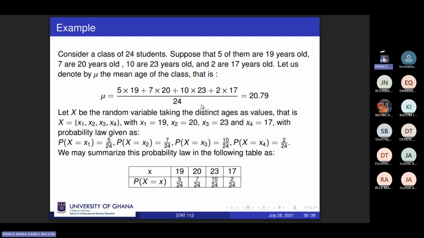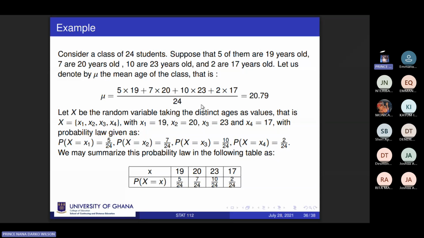So now this one says, consider a class of 24 students. Suppose that 5 of them are 19 years old, 7 are 20 years old, 10 are 23 years old, and 2 are 17 years old. Let us denote by mu the mean age of the class. Remember, to calculate the mean, it is every single individual value put together over the total frequency.